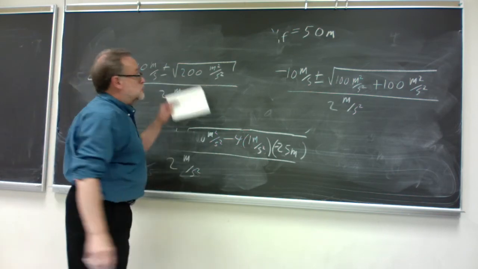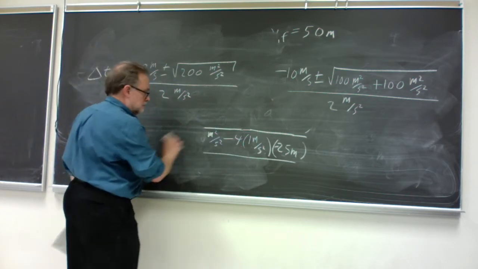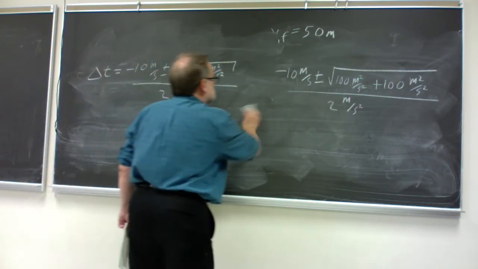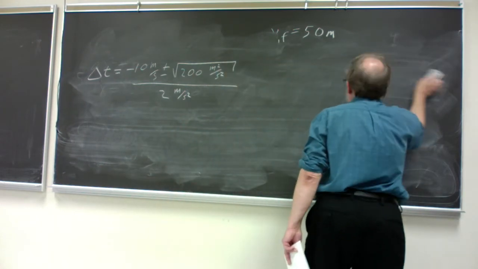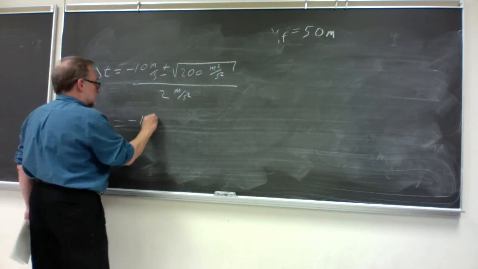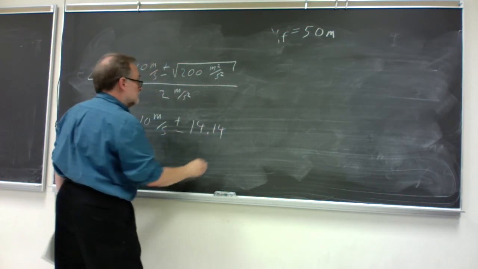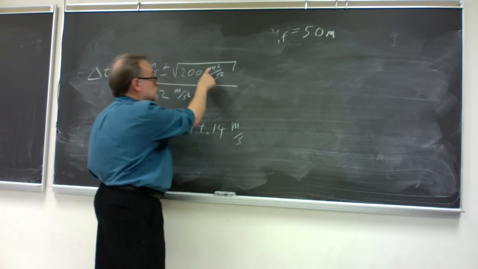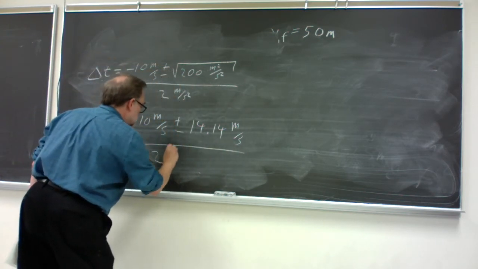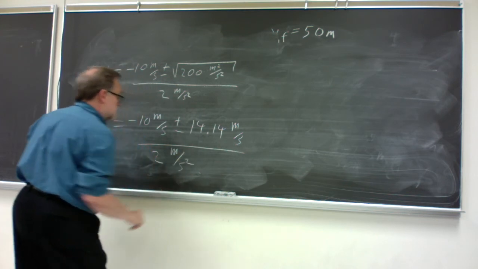And the square root of 200 comes out to about 14.14. So we have minus 10 meters per second plus or minus 14.14 meters per second. I took the square root of these units as well, over 2 meters per second per second.